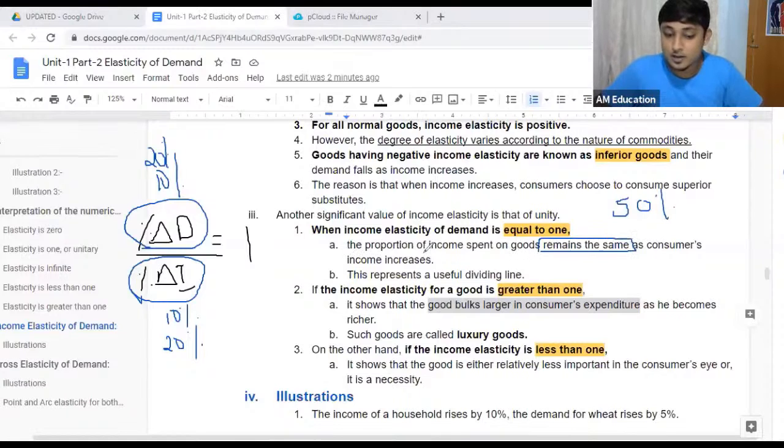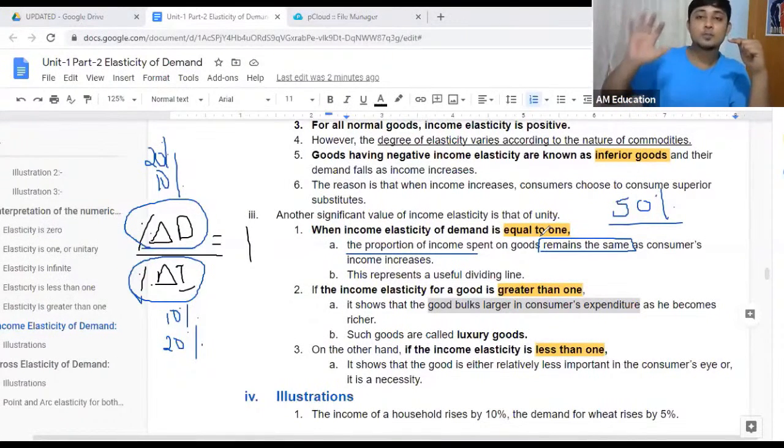The proportion of income spent remains the same, then the income elasticity is equal to 1. When the answer is 1, it means that the proportion of income spent has not changed. Clear?